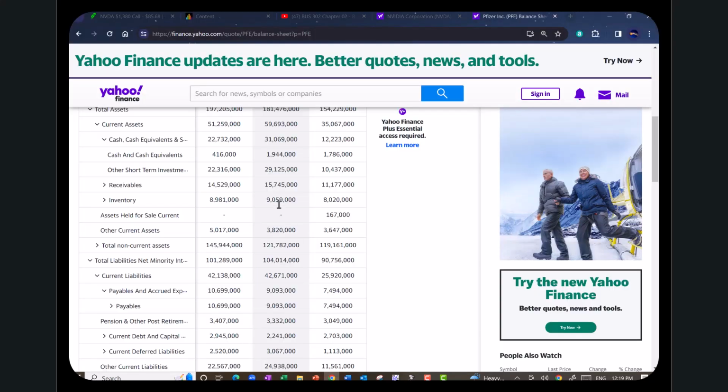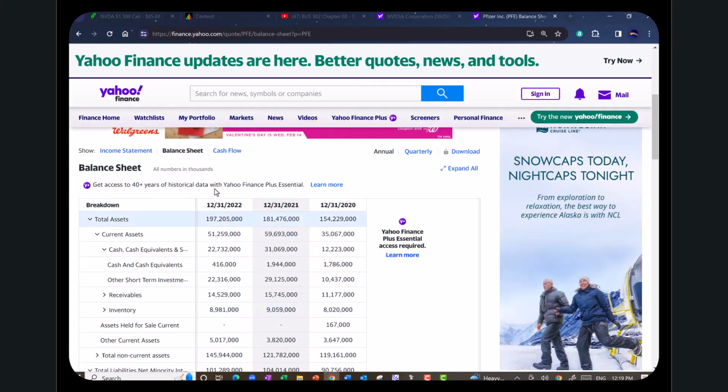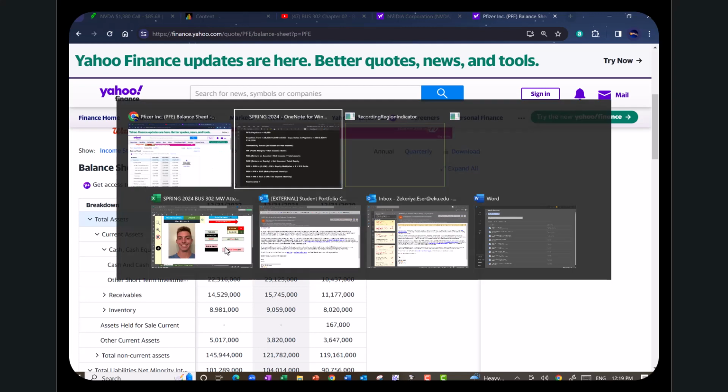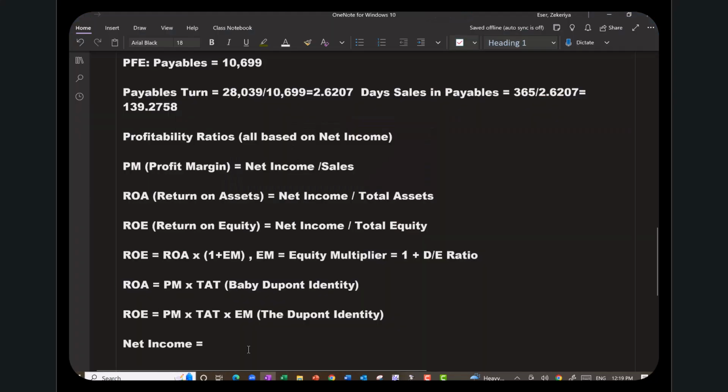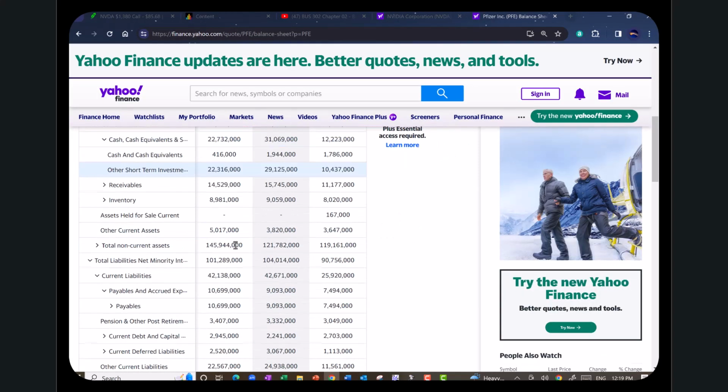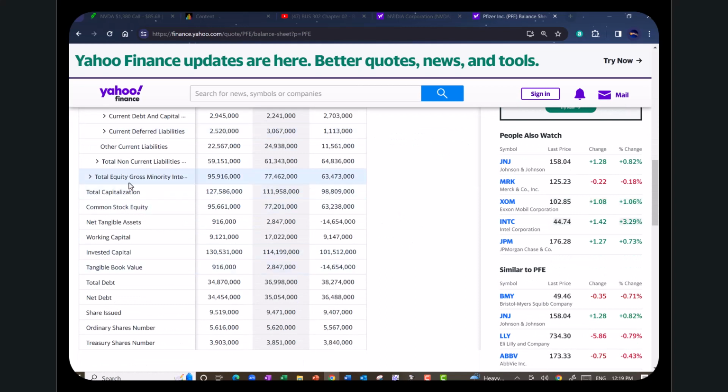Net income. Well, let's calculate total equity first. Total equity gross minus interest, 95,916.